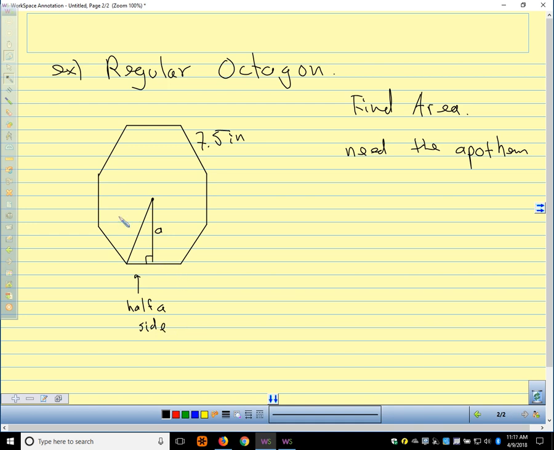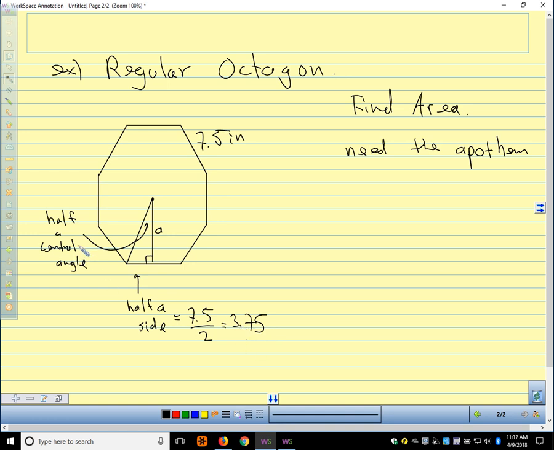And we also talked about the central angle. This angle in the triangle is half a central angle. So we can figure out a side of this triangle. Half a side is 7.5 divided by 2, which is 3.75.